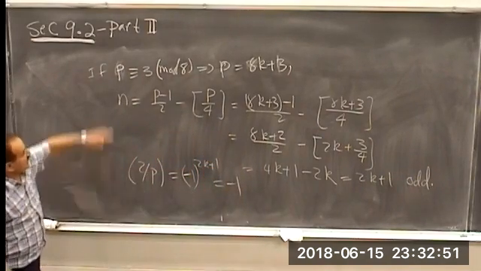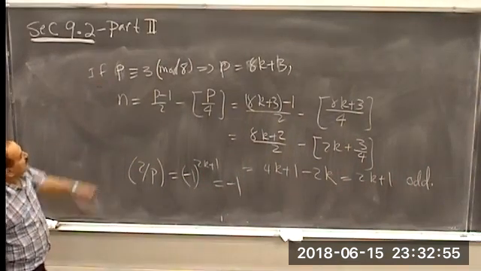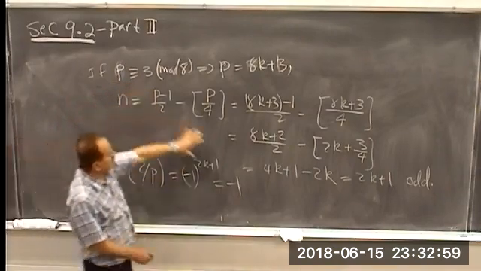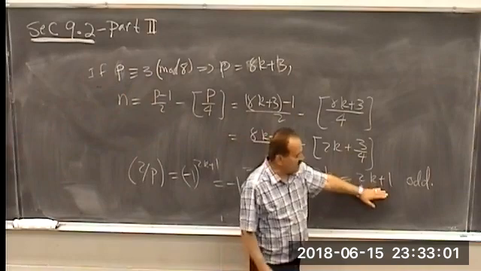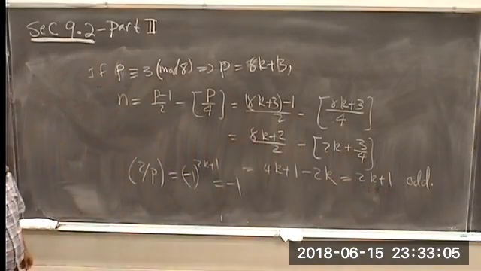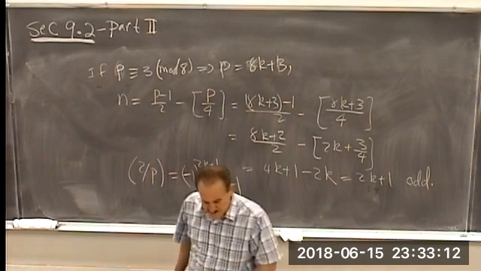And again, this agrees with the theorem for p congruent to 3. The case p congruent to 5 also is going to give you an odd integer. When you raise negative 1 to that odd integer, you come up with negative 1 again.